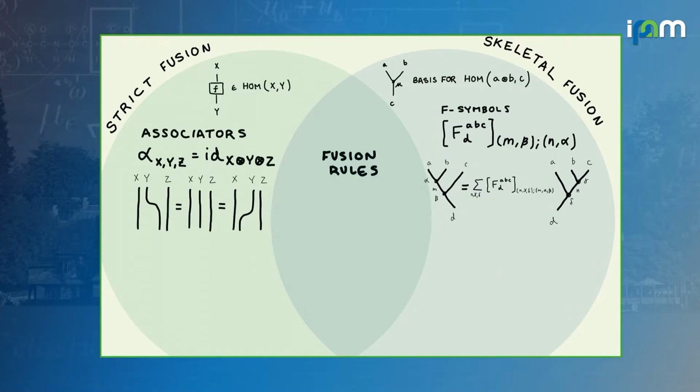I'll start on the strict side. Some of what I'm writing down is slightly more general. So the diagrams that you'll see on the left here are called string diagrams. And these sort of predate the graphical calculus for modular tensor categories that will build off of these. But in this setting, we represent morphisms by these little boxes between strands.